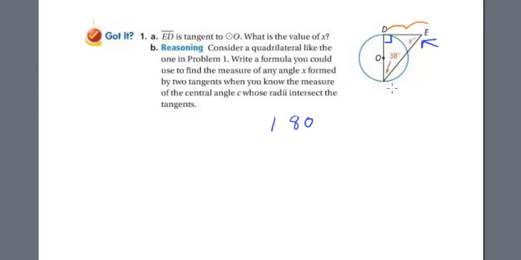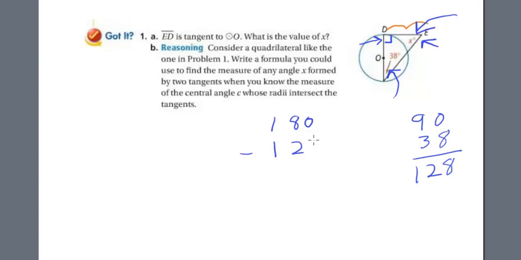We know that this is 90 here, and this is 38 here, and the balance is X. So we just subtract 128 from 180 and we get 52 degrees. So X is 52 degrees in this example.